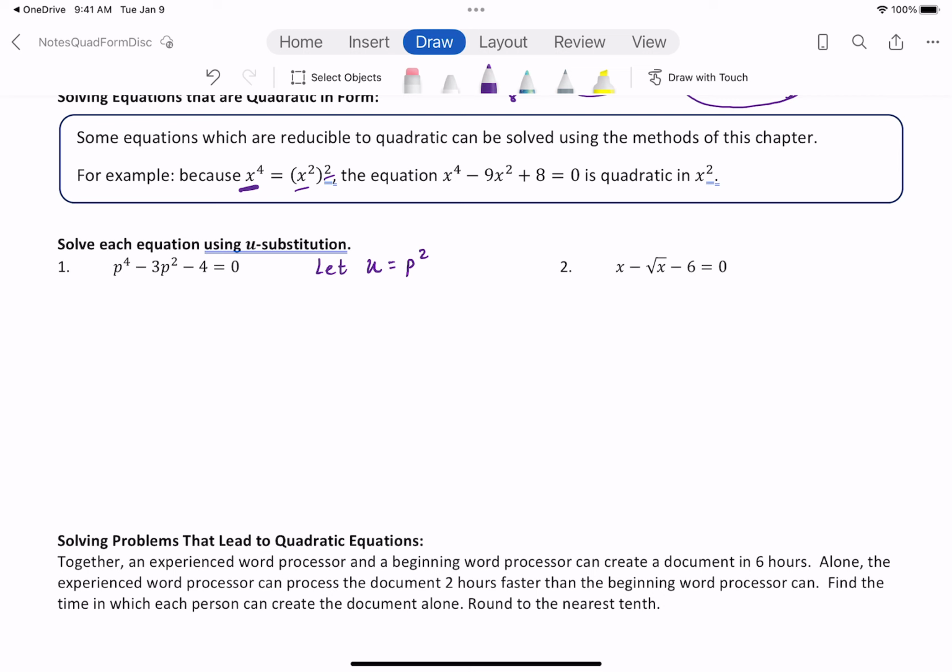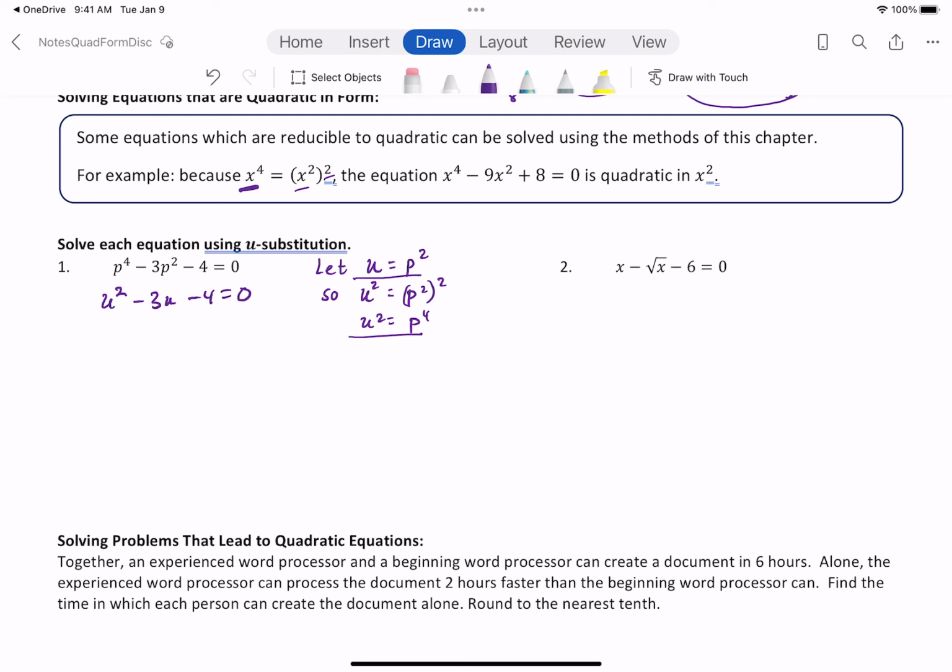The reason that works is because if I square U, that means we would also square this side. So U squared is P to the fourth. So when I come over to my problem where I see P to the fourth, I can substitute U squared minus 3 P squared is U minus 4 equals 0.